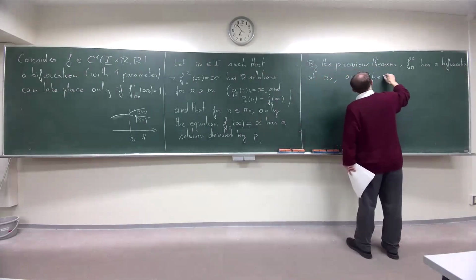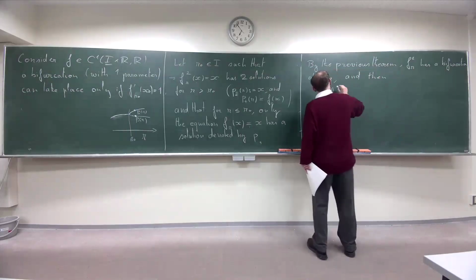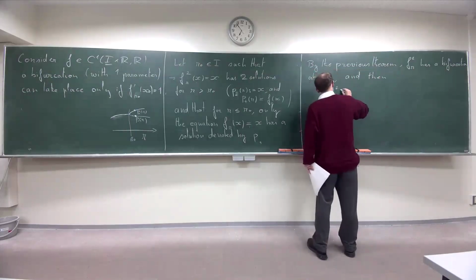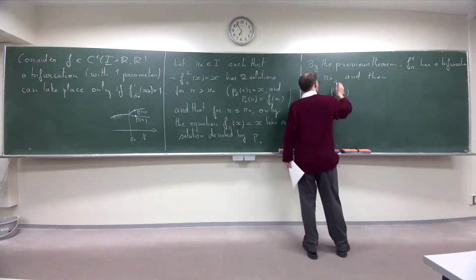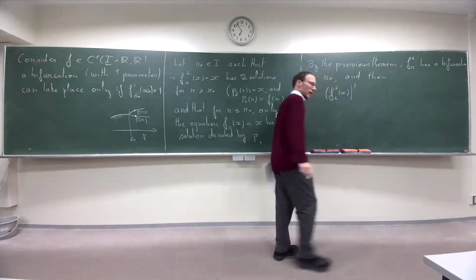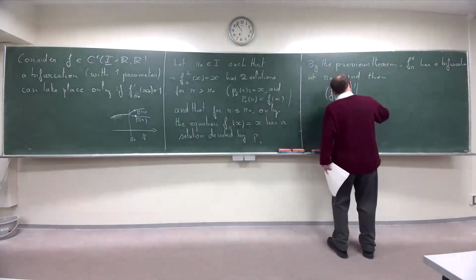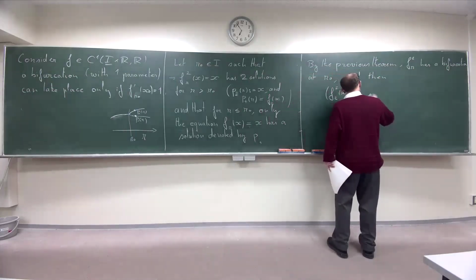And then, if I compute the derivative of f squared, I take this derivative and evaluate it at R0, it is 0.